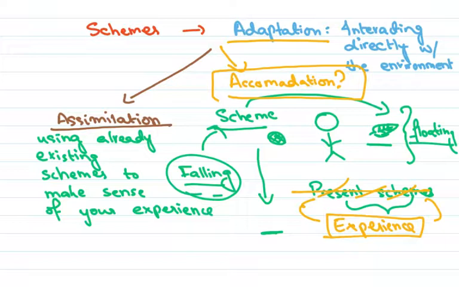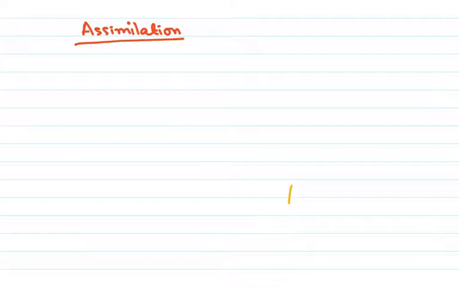And usually what you see is that during a period in which there is little cognitive change happening, there is perhaps more assimilation going on, whereas in ages where there is rapid cognitive development, you might have more accommodation happening.